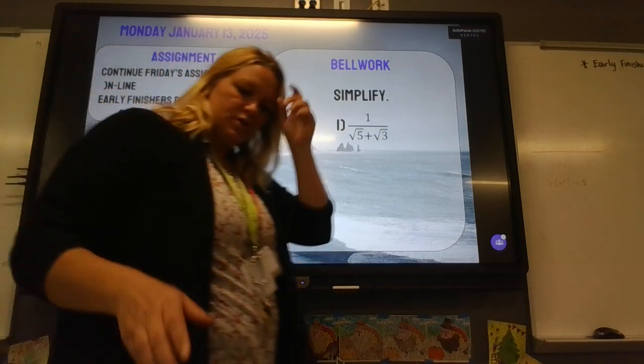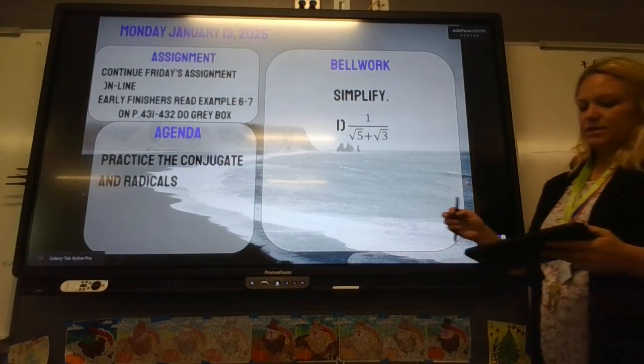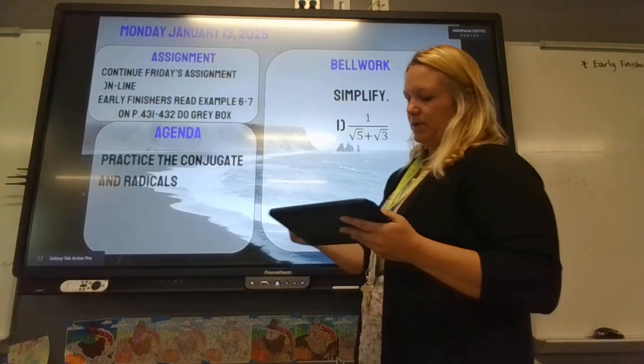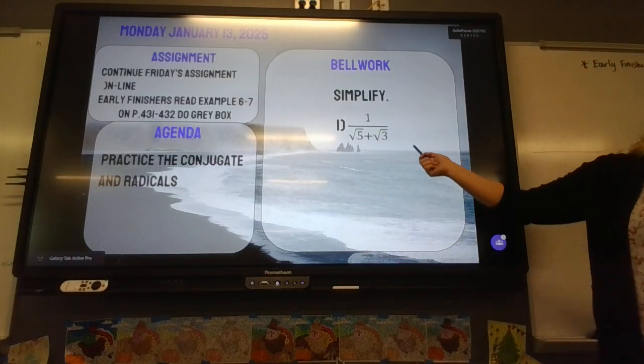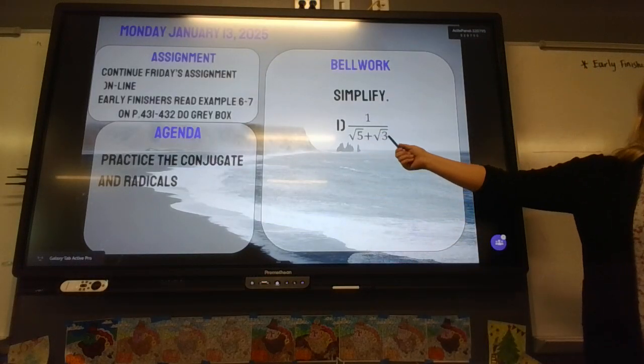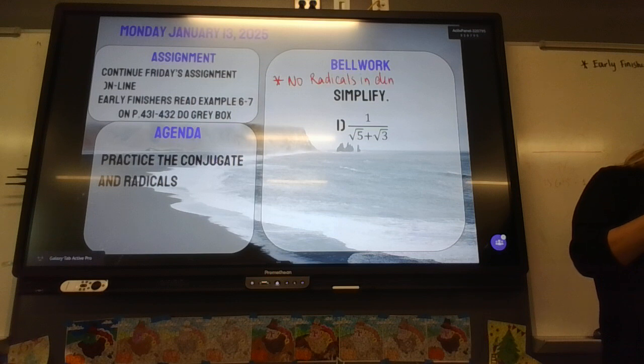If you have no questions, our agenda is to continue with the conjugate and properties of radicals. This problem here needs the conjugate because the denominator isn't a rational number. So I want you to remember the rule: there should be no radicals in denominators.